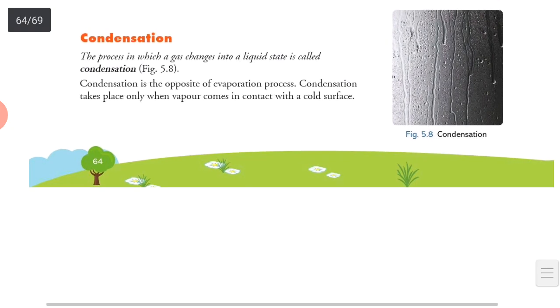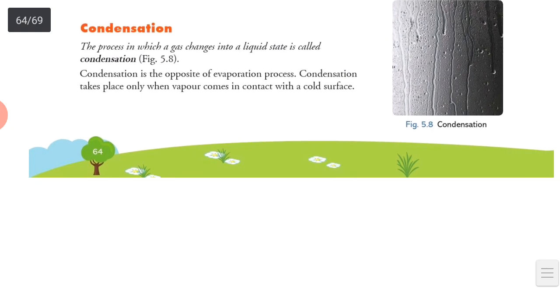Condensation, another process you can see. The process in which a gas changes into a liquid state is called condensation. When you boil milk at home and cover it with a plate, and when the milk cools down, you will see water droplets below the plate.